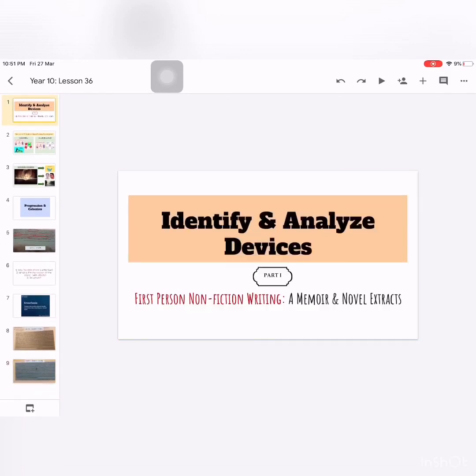So, to recapitulate, identify and analyze devices. You have learned about imagery and some of the devices of how to make your writing in chronological order and factual in a way when you learn about news report and formal report. But now we are talking about devices for first person nonfiction writing and informative accounts that we shall learn in our next class.